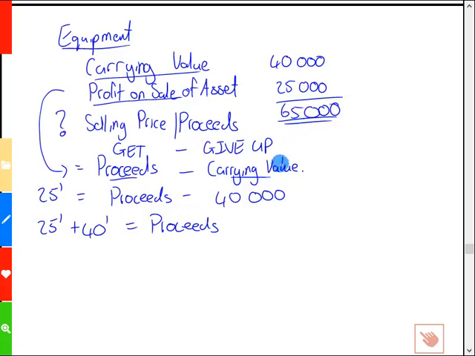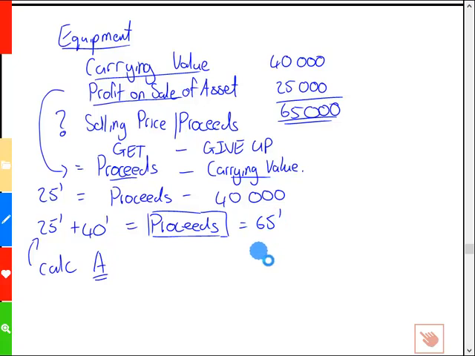Where are we going to fill this in? We were looking for the depreciation information, but we've just found another cash flow item, which is the proceeds on the sale. We've calculated the proceeds, so we can call this calculation A, which is 65,000 Rand.